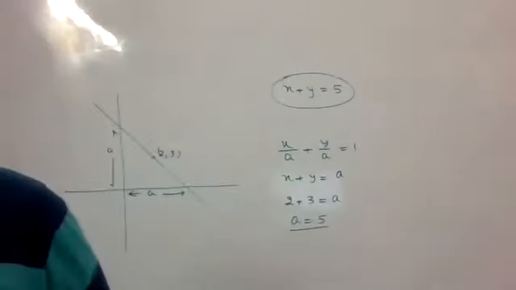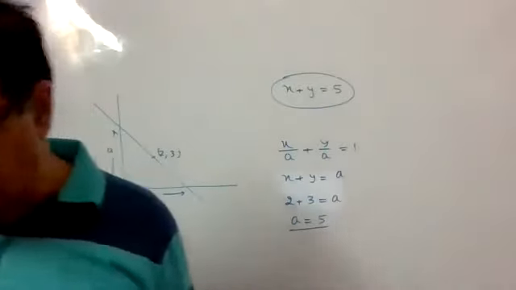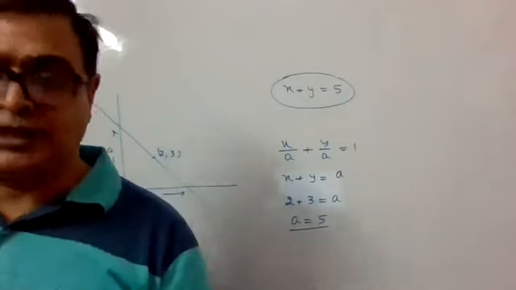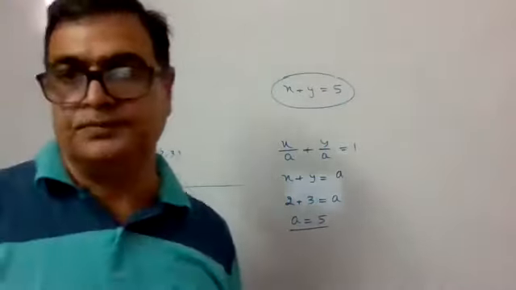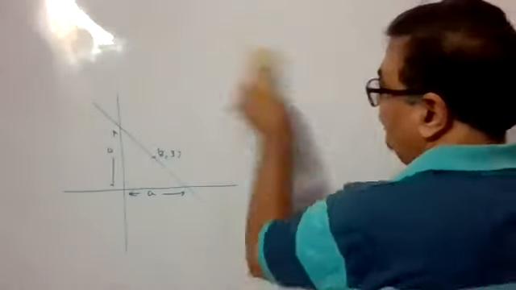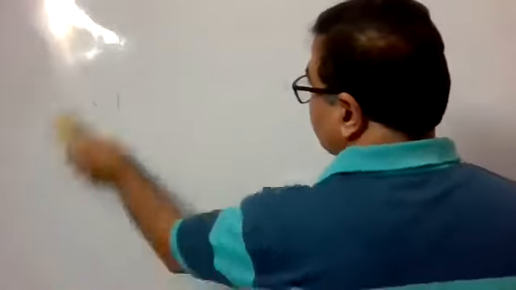Next question please. Find the equation of straight line which passes through point 4, minus 2. Find the equation of line which passes through point 4, minus 2 and whose intercept on y-axis is twice that on x-axis.